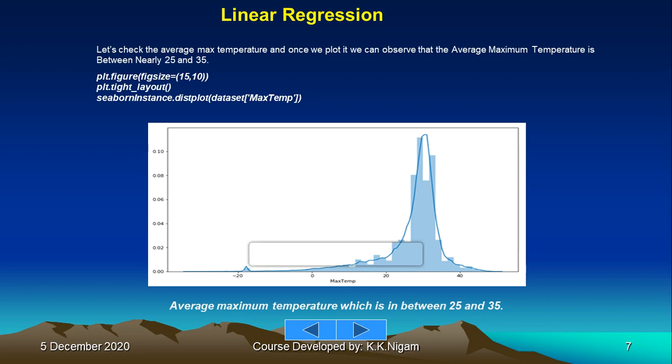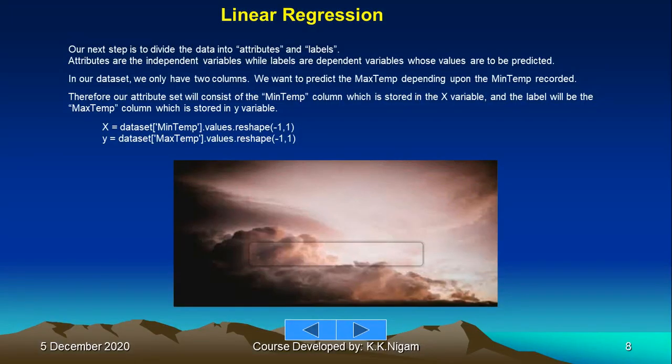For that, again we can write this kind of code: plt.figure, figsize 15,10, then plt.tight_layout, and then the seaborn instance, and then you will get this kind of a graph on your screen. That's why it is very important to draw these kinds of graphs, which is also known as data exploration. You are trying to understand your data and be in a much better position, which is very, very important.